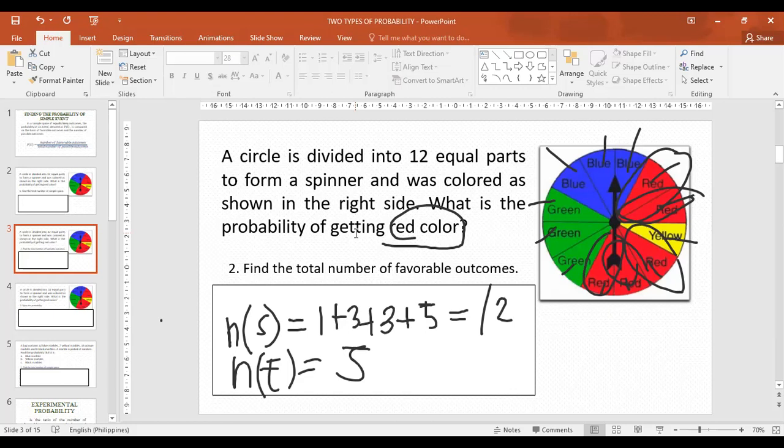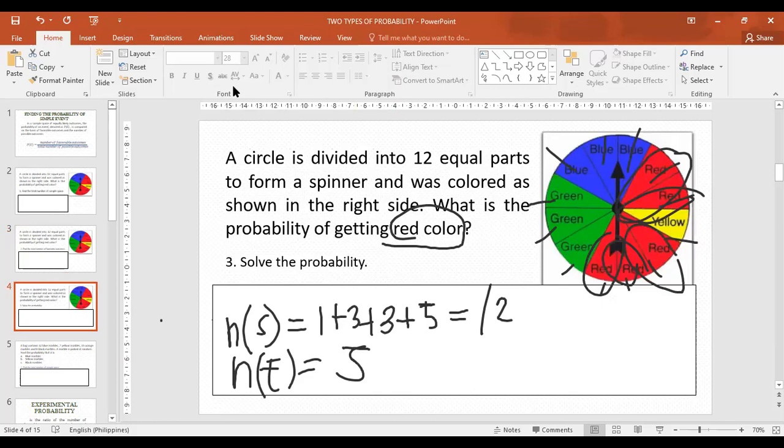Okay? Next, pag nasulat nyo na si number ng ating possible outcomes and favorable outcomes, pwede na nating isolve yung probability. So, gagamitin natin yung formula natin, which is the probability of an event is equal to the number of favorable outcomes divided by the number of possible outcomes. Since naisulat nyo naman na, burahin na natin to.